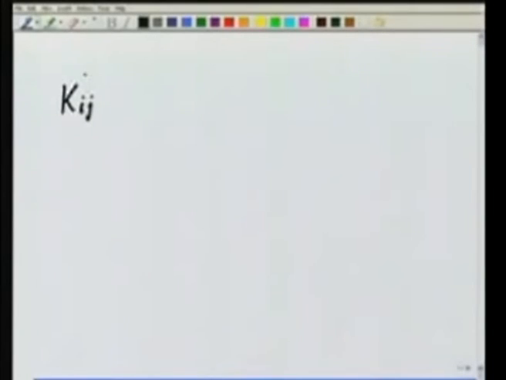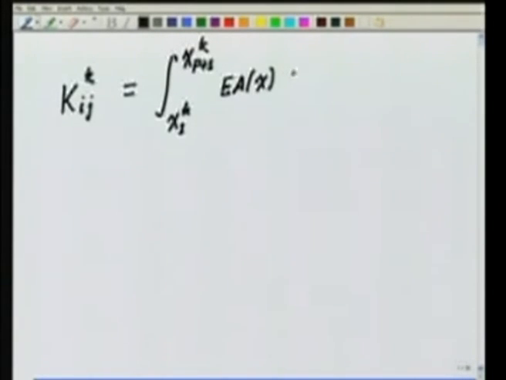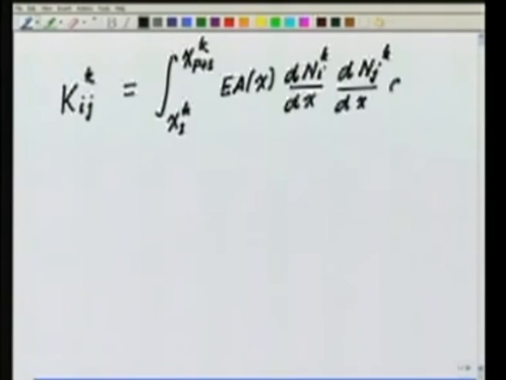So, now our earlier K_ij for the element k was integral x_1^k to x_{p+1}^k of EA of x dN_i^k/dx dN_j^k/dx dx.